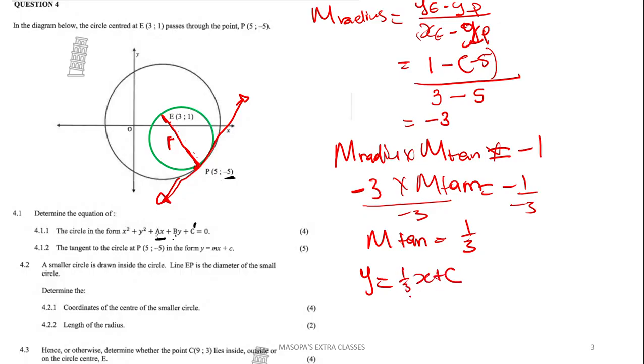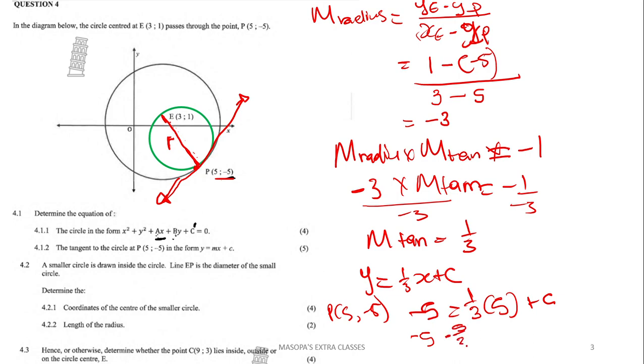Now to get the value of c, basically we're going to substitute this point P, which is (5, -5), for which your y value is negative 5. That is equal to 1 over 3, then your x value is 5, plus c, for which you have negative 5 minus 5 over 3.